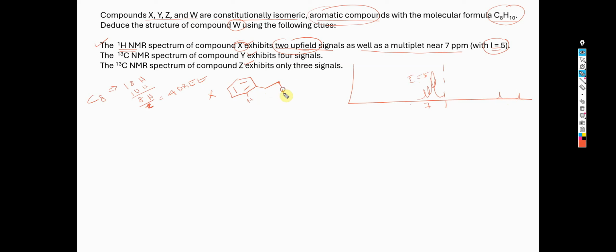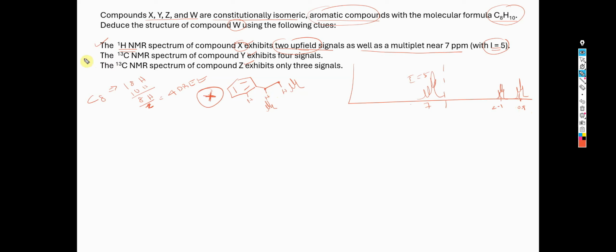This hydrogen is going to be a triplet because you have 2 hydrogens next to it, and this hydrogen is going to be a quartet. So you will see a quartet and a triplet, and usually you will see this hydrogen appearing around 2.1 ppm, and this could be somewhere around 0.9 to 1.5 ppm. So that is the structure of X.